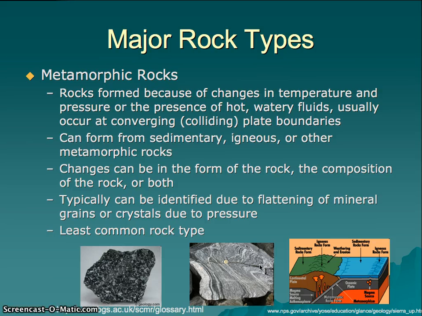So you have a hot water source that has lots of dissolved minerals in it that get in between the cracks in the rock and can actually change the rock composition. You can get metamorphic rocks from sedimentary rocks, igneous, or other metamorphic rocks. For instance, granite, when put under heat and pressure, goes from granite to gneiss to schist.